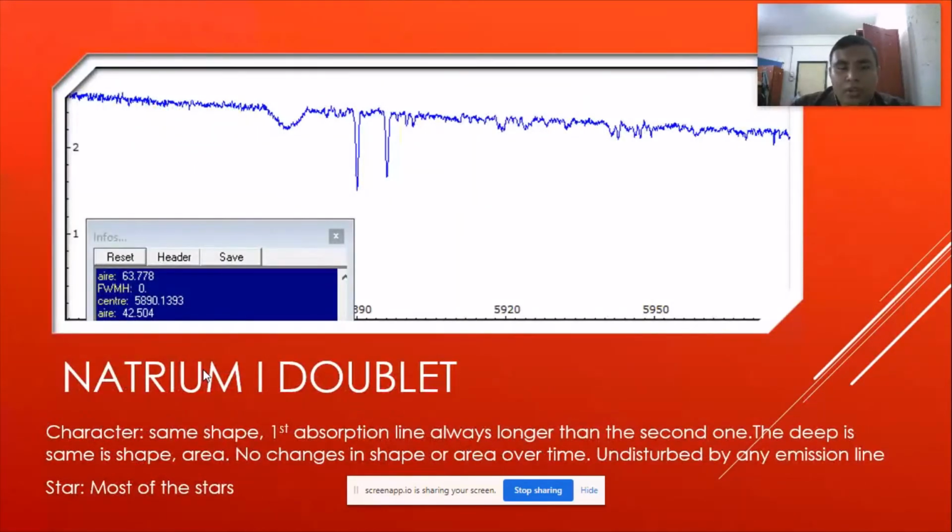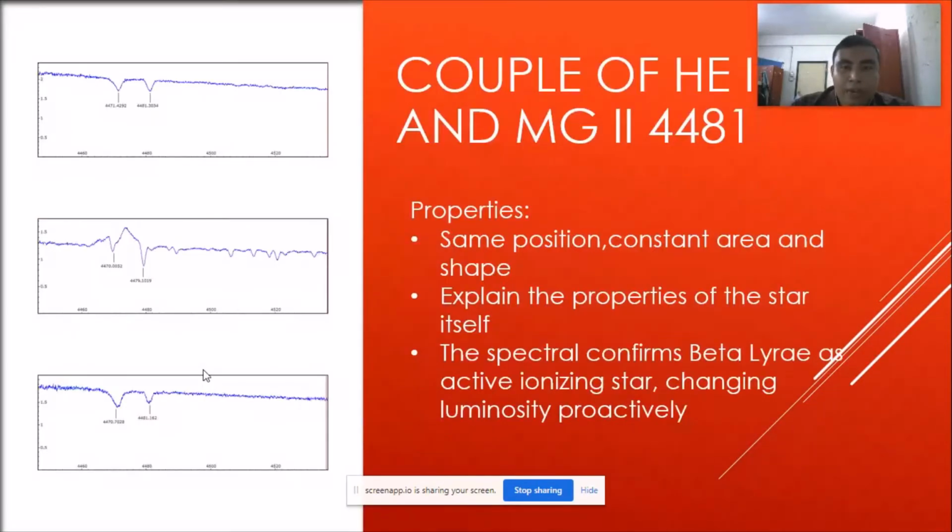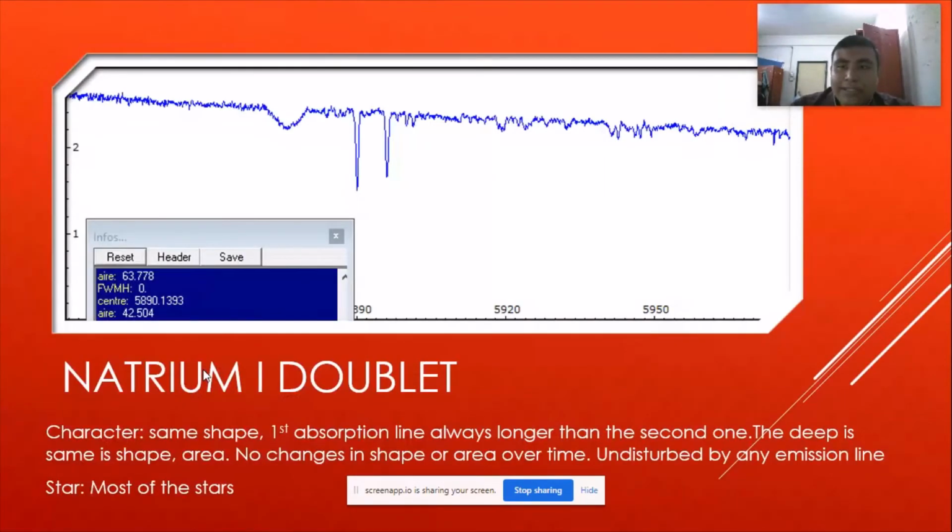So let's move on to sodium I doublet and also helium I and magnesium II. These are absorption lines, and observing them, they have the same shape and constant area, shape, and sizes over time.